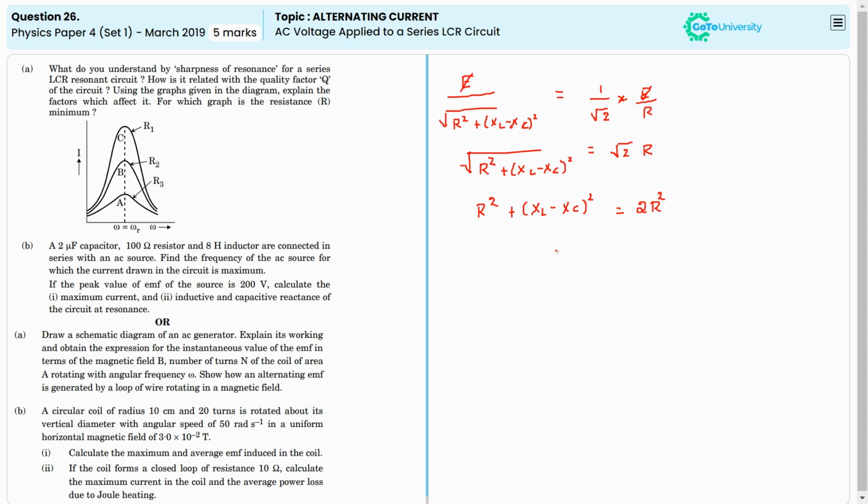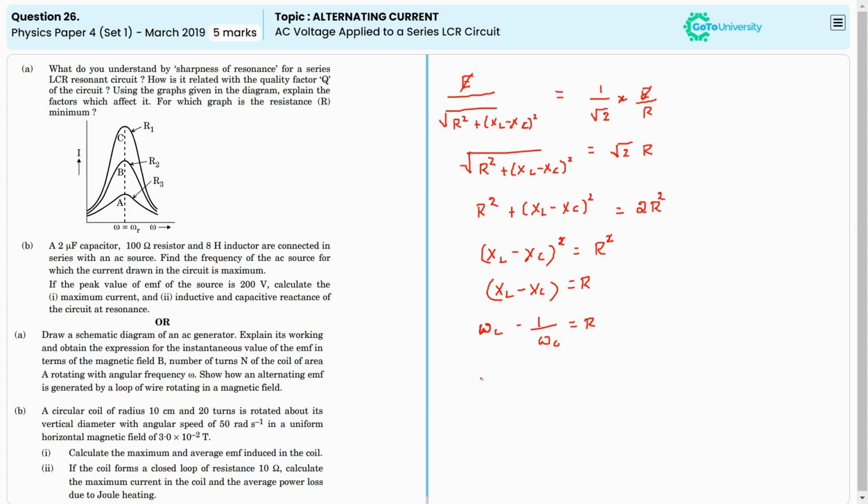Then XL minus XC whole square is equal to R square. The square will get cancelled, then we'll get XL minus XC is equal to R. Where XL is equal to omega L and XC is equal to 1 by omega C, we can write omega L minus 1 by omega C is equal to R.